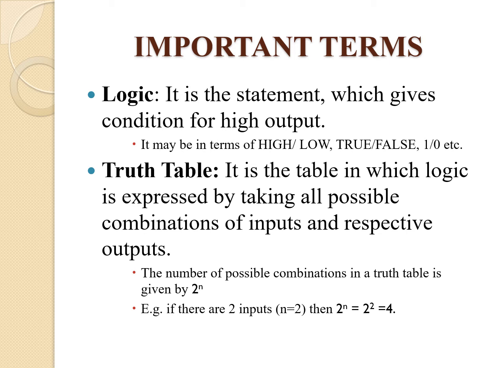The number of possible combinations in a truth table is given by 2 raised to n. For example, if there are two inputs, n is equal to 2, then 2 raised to n is equal to 2 raised to 2, 4 possible combinations are possible in the truth table.